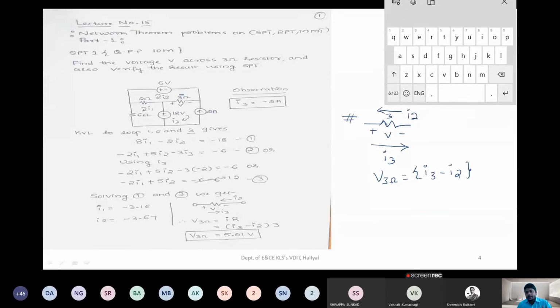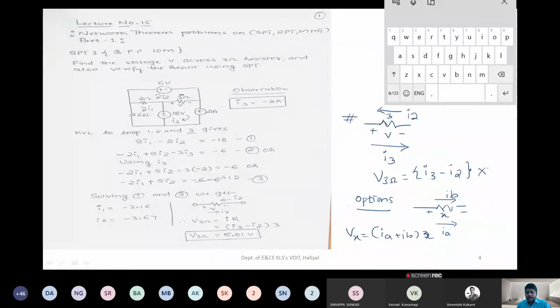Suppose both directions are the same. If you have some resistor X, and both currents IA and IB are flowing in the same direction, and I want to calculate the voltage across it with the same convention, then V equals IA plus IB into X, the X resistor.